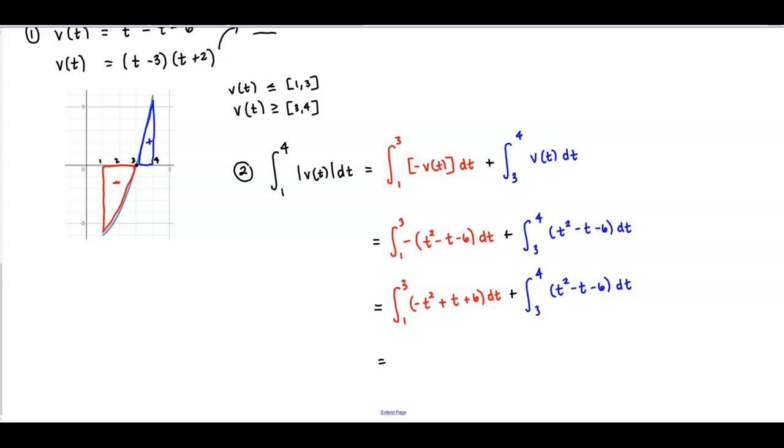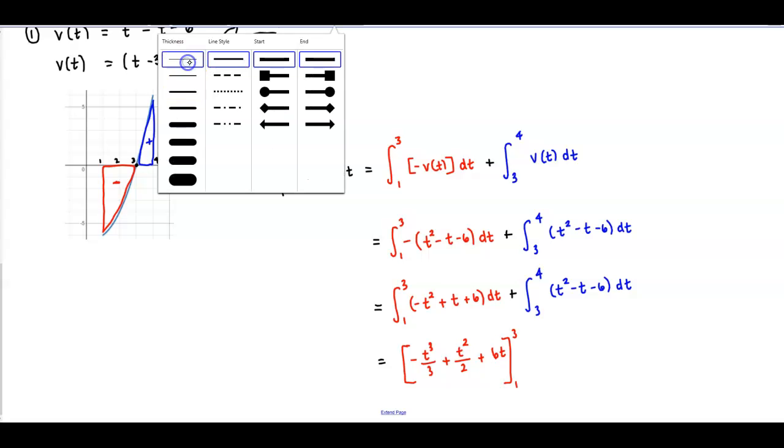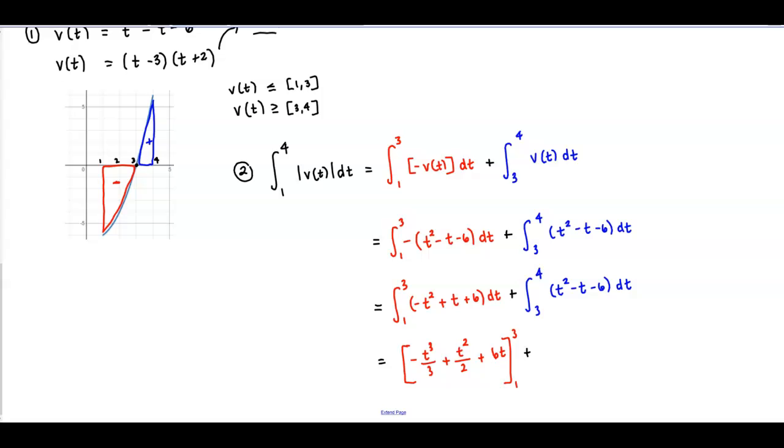When we take the antiderivative, we get negative t cubed over 3 plus t squared over 2 plus 6t, going from 1 to 3, plus t cubed over 3 minus t squared over 2 minus 6t, going from 3 to 4.